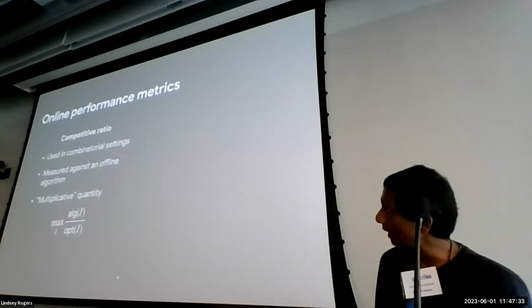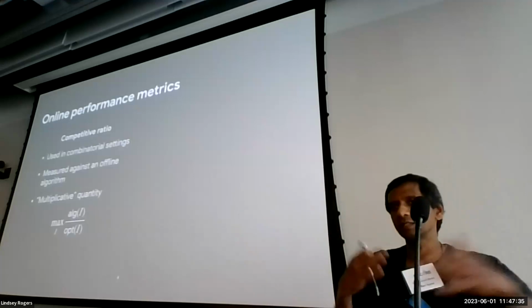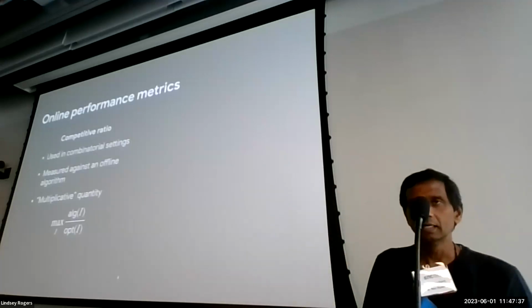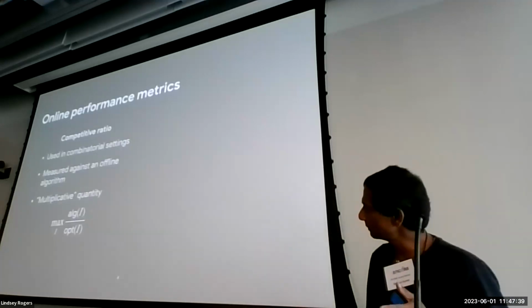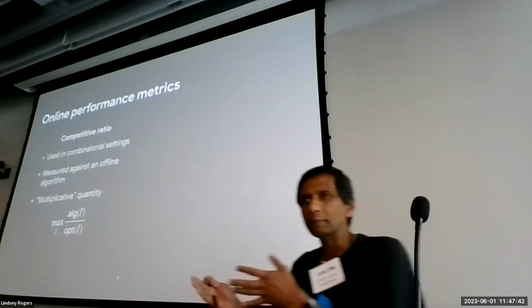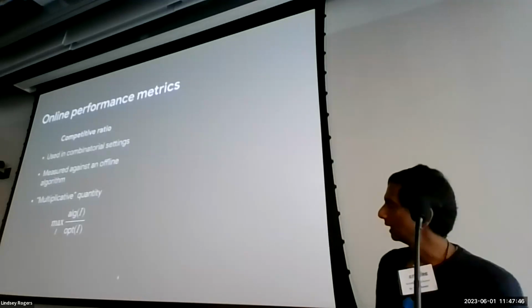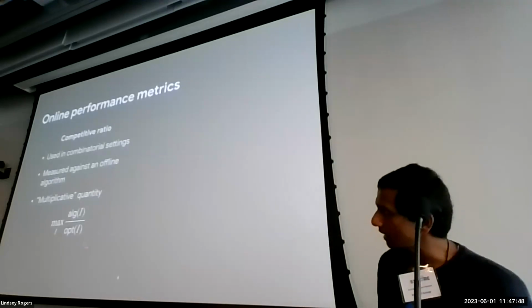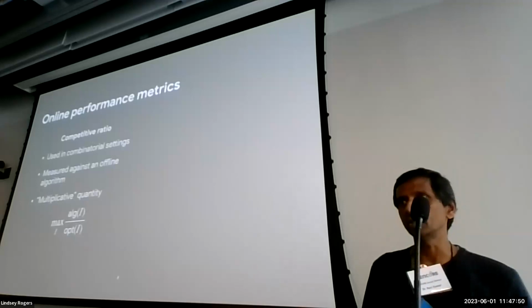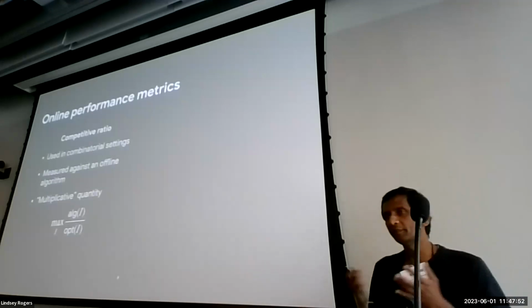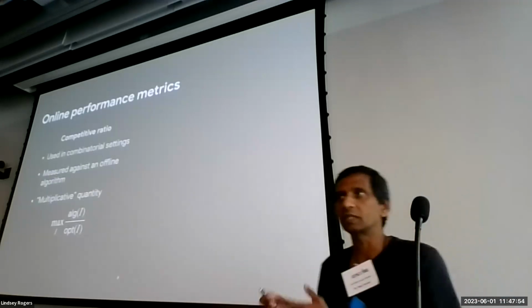An offline algorithm is one that knows everything about the future, but doesn't have any uncertainty built into it. So you measure the algorithm's performance over the optimum, which is the offline algorithm's performance, maximized over all instances. That gives you a multiplicative quantity, which is known as the competitive ratio: how well this algorithm performs against an offline algorithm that knows everything.